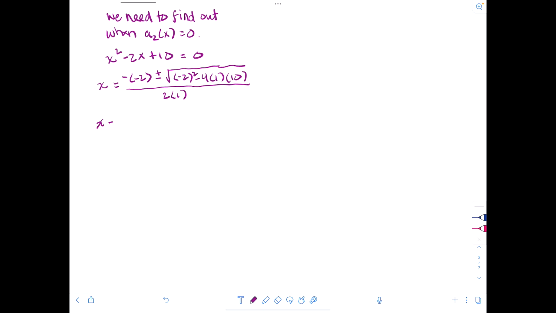And continuing, we will have x is equal to 2 plus or minus the square root of 4 minus 40, so the square root of negative 36, all over 2. Then x is equal to 2 plus or minus 6i over 2.